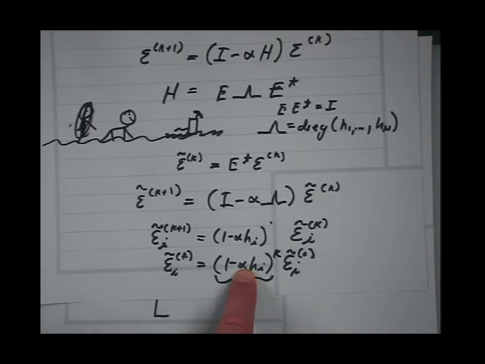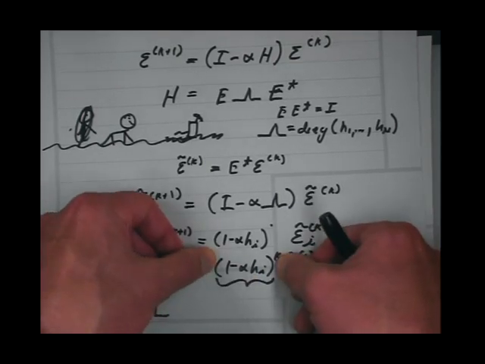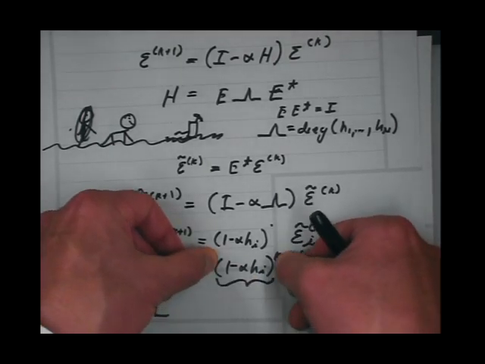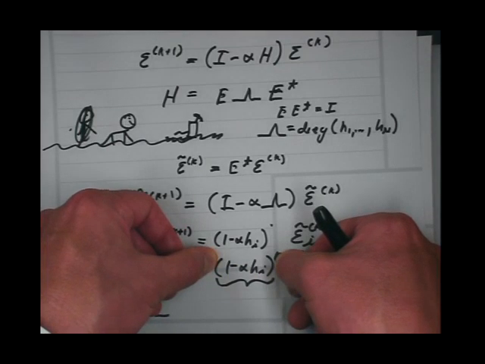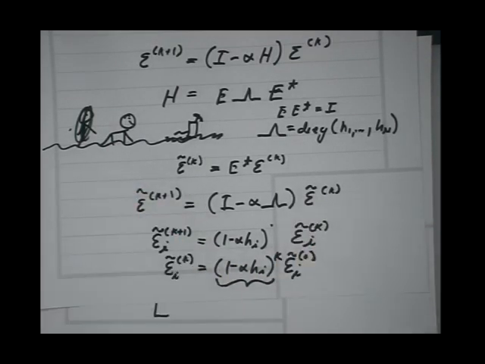Well, what would be the best choice for alpha? Excuse me? 1 over h_i, right? Why? Because then this expression would be 0. And 0 times 0 is 0. Okay? So then the error would go to 0.